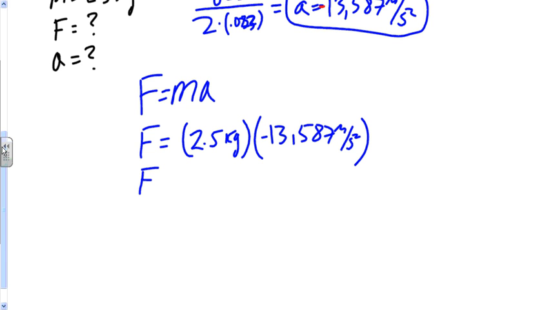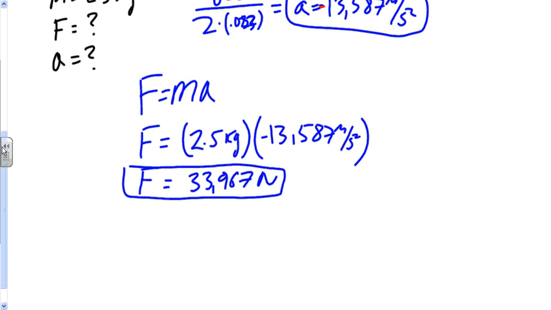Going and plugging it through, I get a force of 33,967 newtons. And again, that is a negative force because it's in the opposite direction of the swinging of the axe. Namely, the axe is being swung into the tree, and the force is being exerted in the opposite direction. That's why it's given a negative.